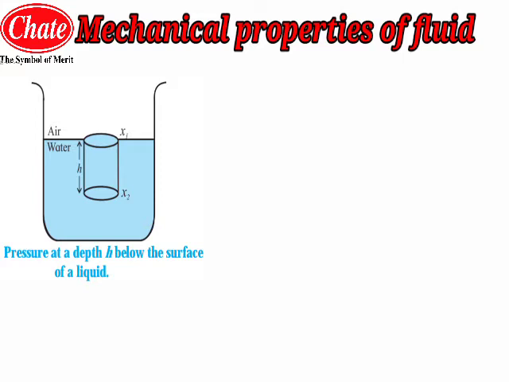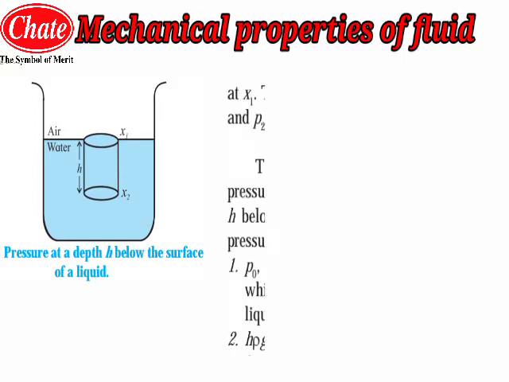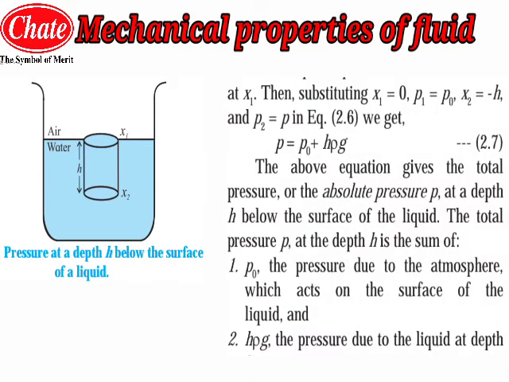Now let P0 be the atmospheric pressure at the surface, means at the top surface of that imaginary cylinder, at x1. Then x1 will be 0 and P1 will be equal to P0. So we can say that x2 is equal to minus h and P2 will be P.